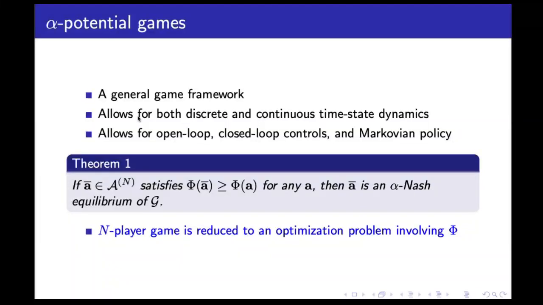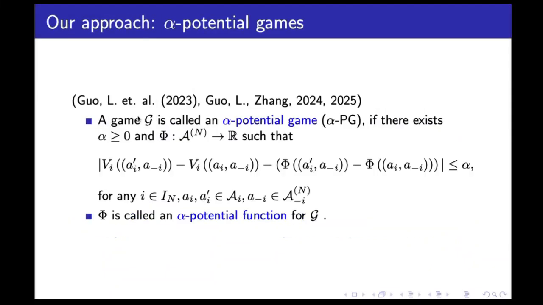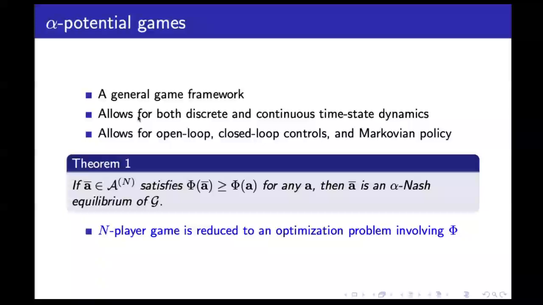So what is the advantage of this framework? It is a general game framework that allows us to analyze a much larger class of games. This definition allows for both discrete and continuous time state dynamics. And I haven't specified the strategy class yet, so it can work with open loop and closed loop in stochastic control and Markovian policy in reinforcement learning.